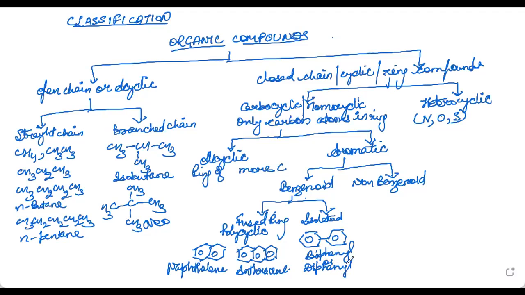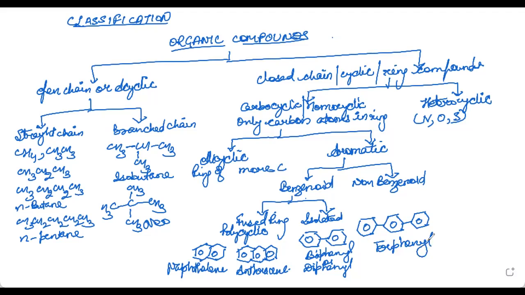If three benzene rings are fused together, we have already done, it is anthracene. Now, if three isolated benzene rings are joined together, the name of this compound is terphenyl.